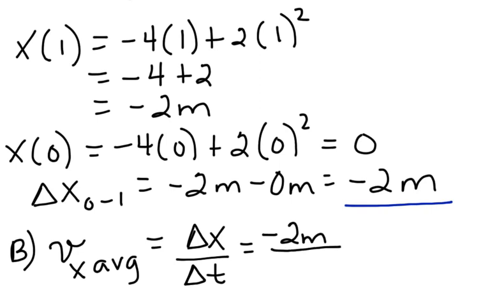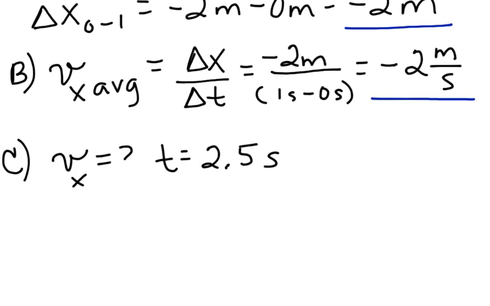And my time, which is 1 second minus 0 seconds, is just 1 second. So that gives me a negative 2 meters per second. Again, the negative is indicating a negative direction. So the average velocity in this time interval is negative 2 meters per second.